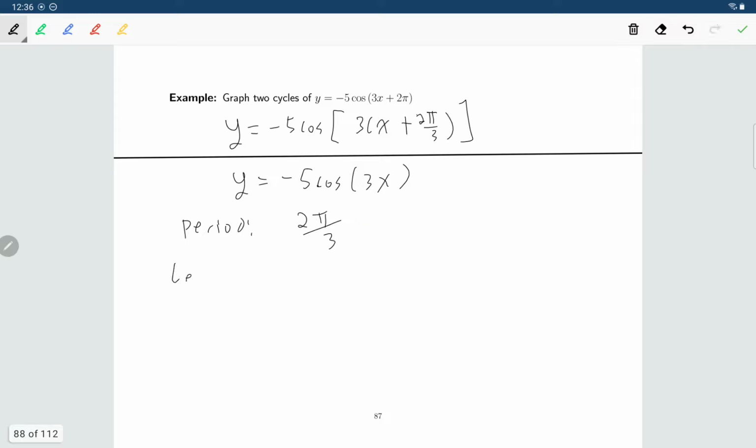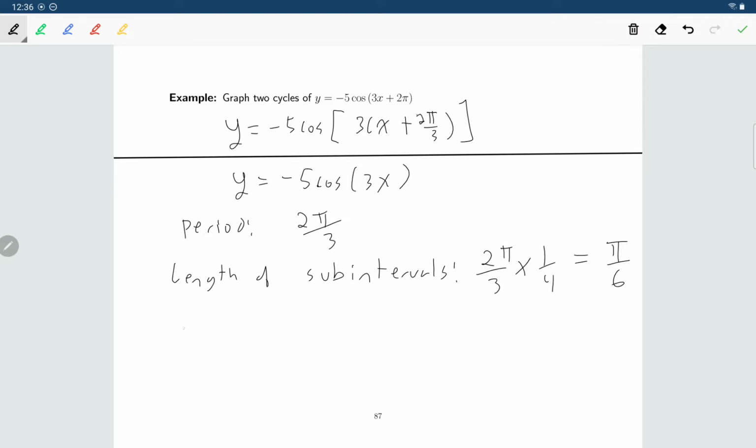And so that means that the length of my subintervals needs to be 1/4 of that. And 2 pi over 3, when I slice that into 4 equal-sized pieces, gives me pi over 6.